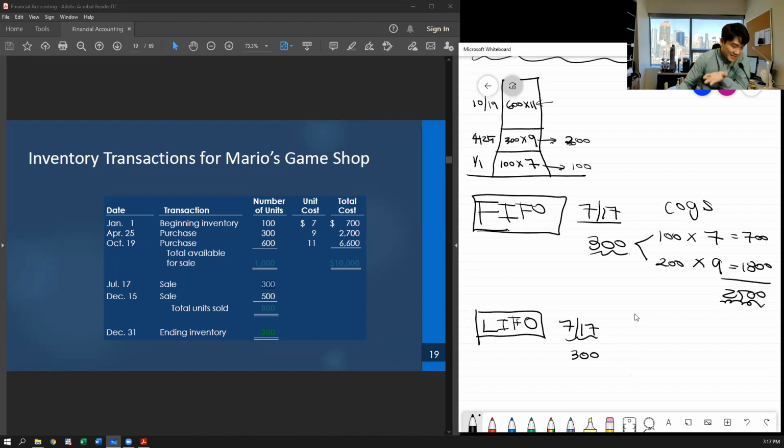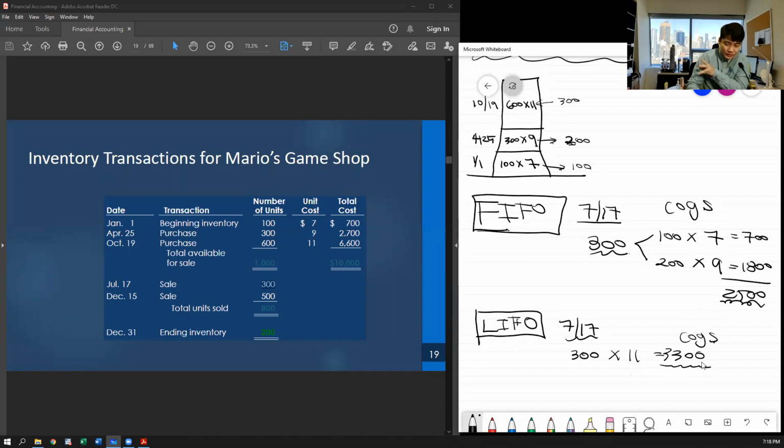You had 600 units of the latest items, so you can just take everything from here: the entire 300 units times $11 per unit. That's a total of $3,300 of cost of goods sold. As you can see, depending on which method the company adopts, the cost of goods sold that the company will be reporting will be different, either $2,500 or $3,300.